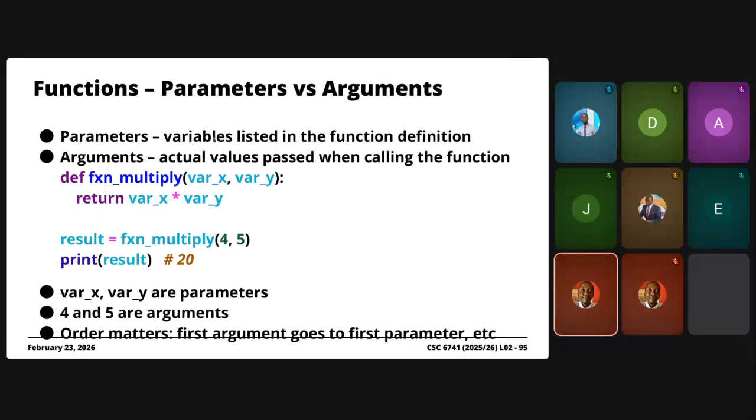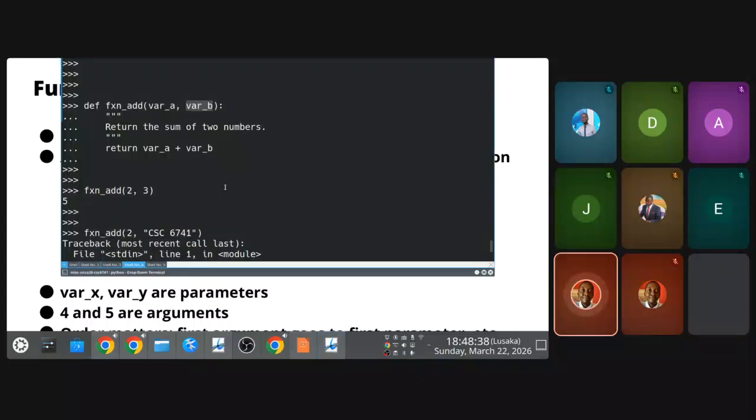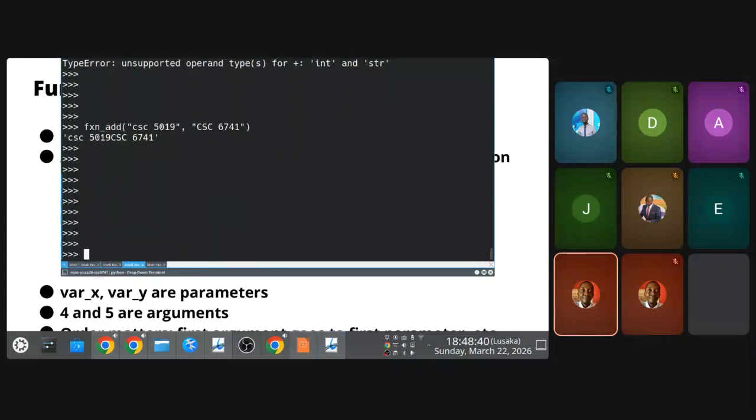For some functions, the order of these parameters matters. It depends on the implementation. For instance, if I want to print the courses I'm enrolled in, beginning with those in first semester, I would say I want to print CSC 6741 followed by CSC 5019.